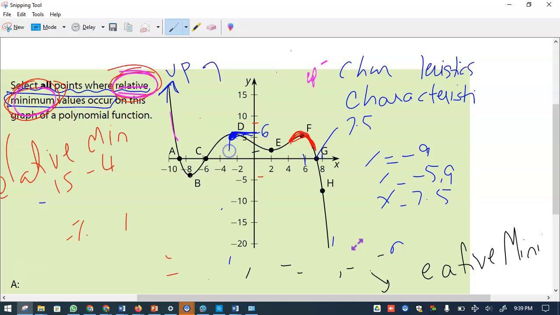And where does it occur? It occurs at minus 2.2. So that's one of the relative maximums. You can also see F is also a relative maximum, and that is exactly like a 5, and that happens exactly at 6. So hope it is understood what the relative maximum and the relative minimum are.